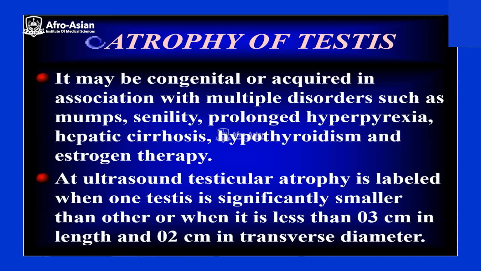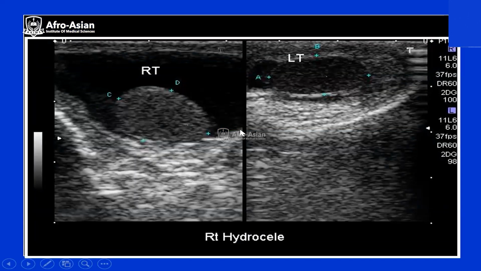At ultrasound, testicular atrophy is labeled when one testis is significantly smaller than the other, or when it is less than 3 centimeters in length and 2 centimeters in transverse diameter. Here we can see small testicle with the hydrocele. The size is small. Here again you can see undescended testicle.